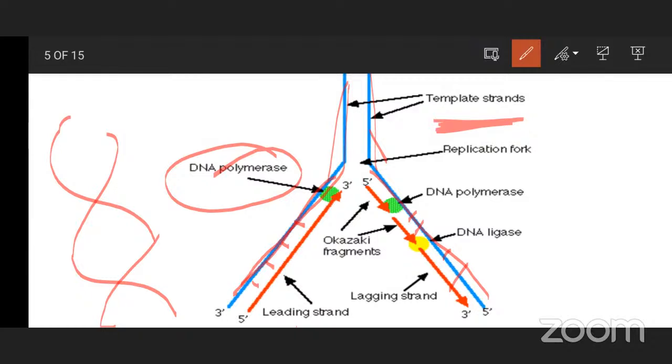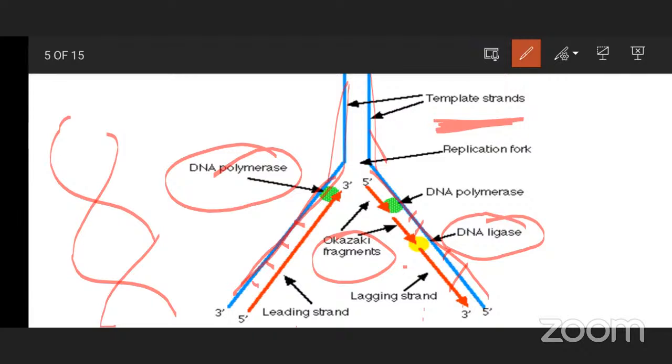And this other strand is later involved in the replication process, and the newly synthesized DNA is developed in the form of small fragments. These small fragments are called Okazaki fragments. After the completion of DNA replication, these Okazaki fragments are joined with each other with the help of the DNA ligase enzyme. And this strand is called the lagging strand.